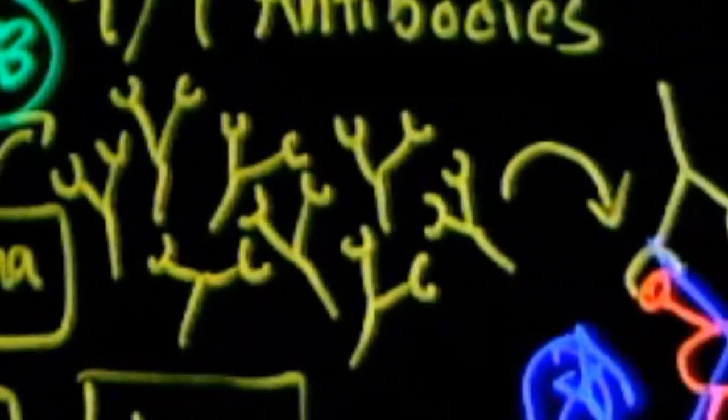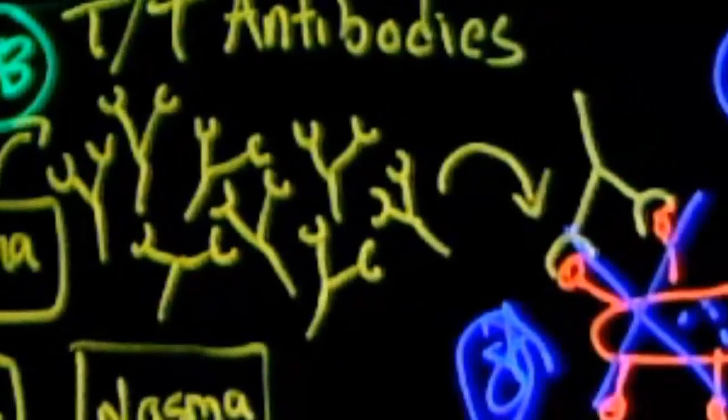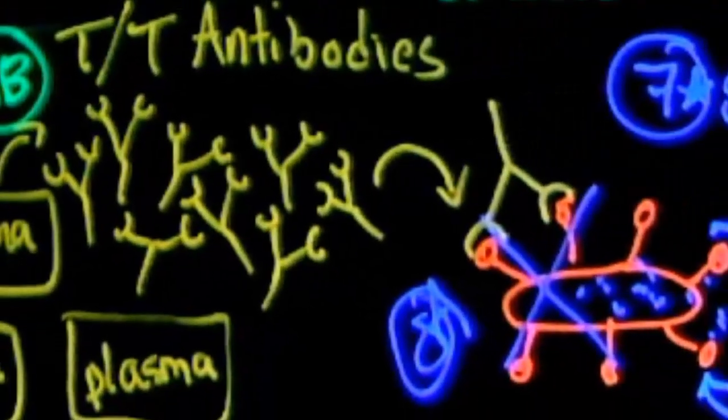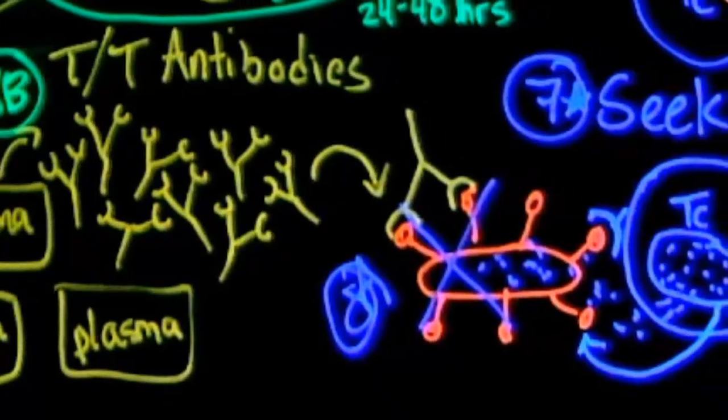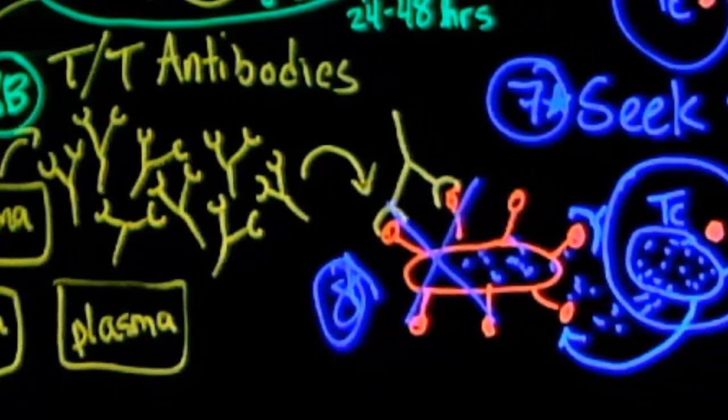Once the plasma cells have cranked out antibodies, those antibodies then can bind to those antigens that they were made for. So over here, back to our predatory, evil microbe, you can see an antibody with both of its variable ends, those roundish ends, cupped and attached to the antigen, and now the antibody is starting to coat this microbe.